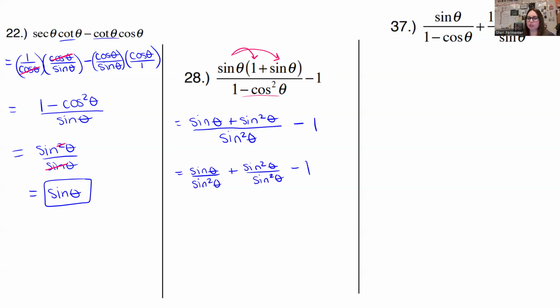Yeah, anything over itself is just 1, right? So this turns into just 1. Here it looks like I've got some sines that can cancel. What's 1 minus 1? Okay, so that goes away. So I'm just left with 1 over sine. What's 1 over sine? So I'm left with 1 over sine. And that turns into cosecant.